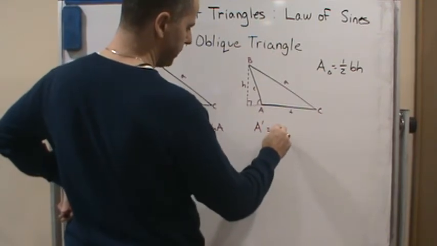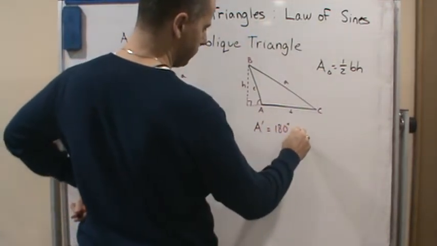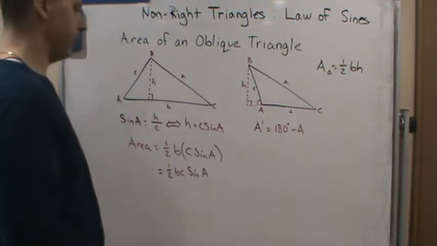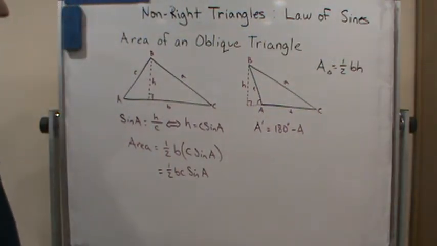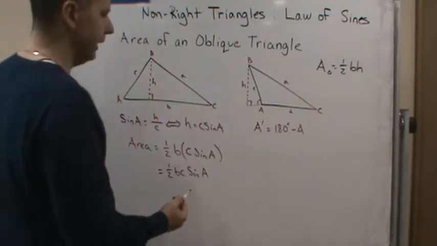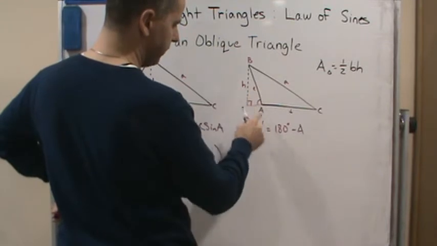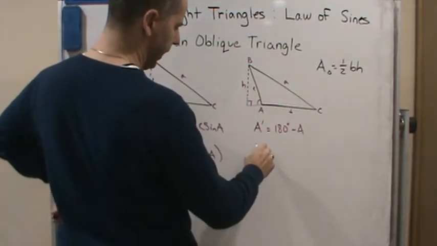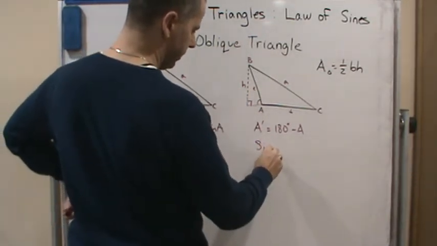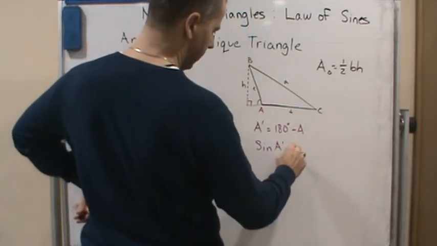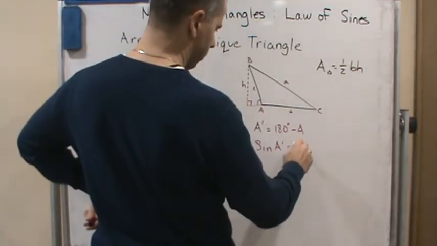So A prime is equal to 180 degrees minus A. Okay, so now, with that in mind, what we can do is find the sine of this angle, A prime. So we know the sine of A prime is equal to what?